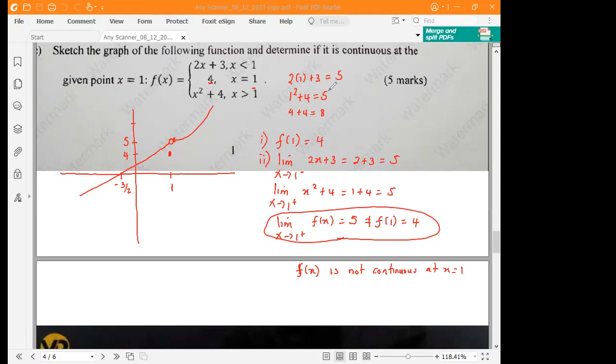So for the quadratic part, you just want to show that it's not a straight line. You're just trying to demonstrate that it's turning there, not a straight line. So you're just trying to differentiate between a straight line and a curve.